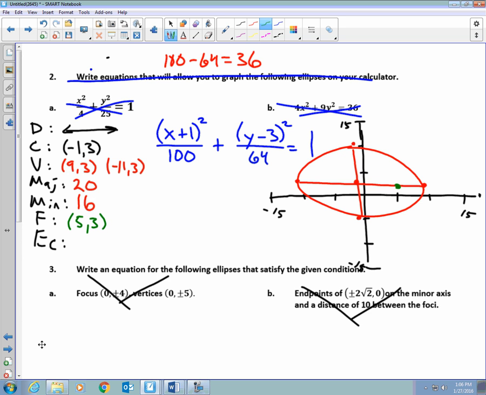And if I move 6 units to the left of negative 1, where will that bring me? Negative 7. My eccentricity will be C, which is 6, divided by A, which is 10, which is 0.6.